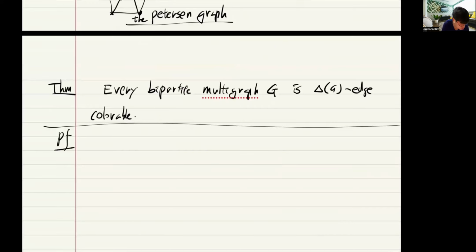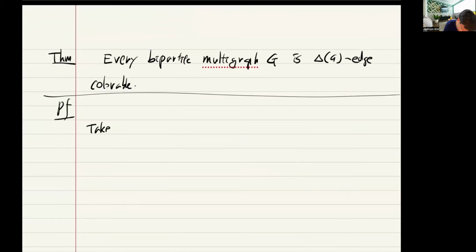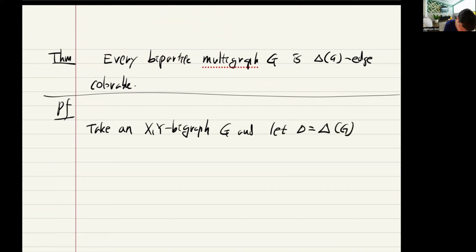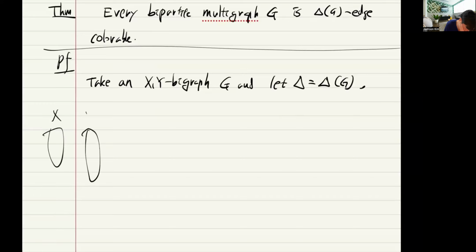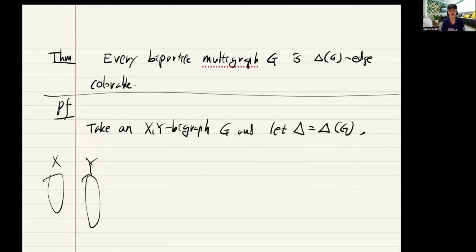How do you do it? You take the XY bipartite graph G, and let delta be its maximum degree. So you have X and then Y. What do we want to use? We want to use the fact that we proved that every regular bipartite multigraph has a perfect matching.